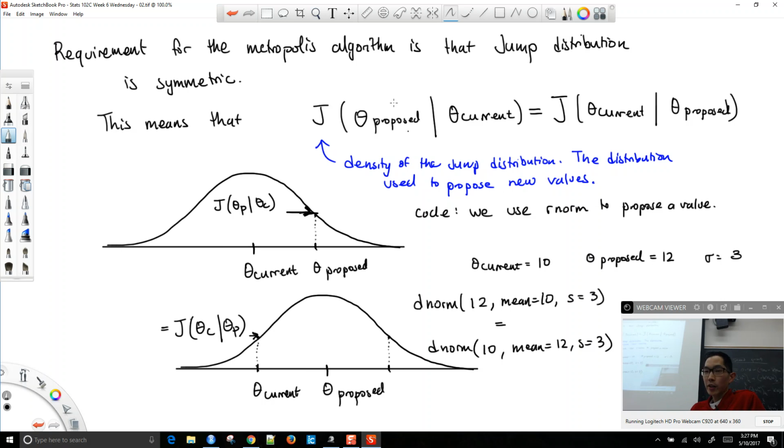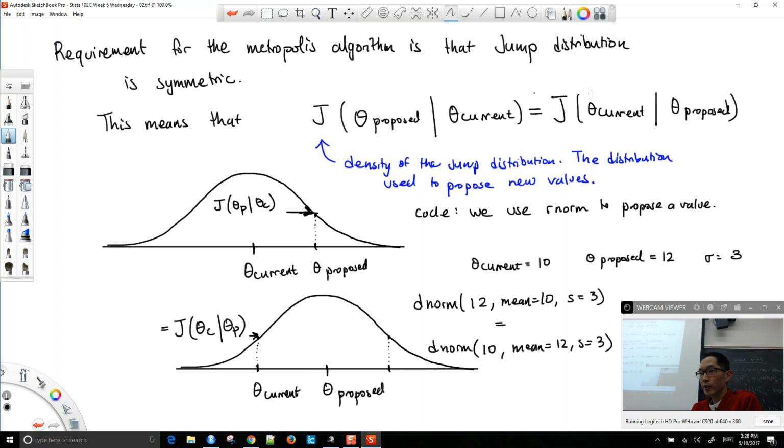We start off with the current value to propose new values, and we're saying that with the jump distribution under the Metropolis algorithm, the probability of getting the proposed value based on the current value is the same as the probability of getting the current value based on the proposed value.